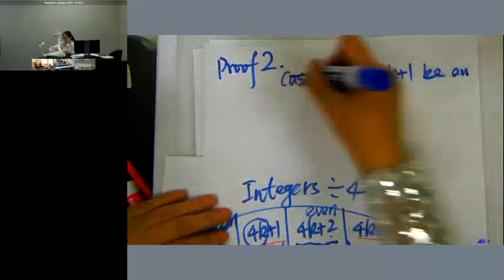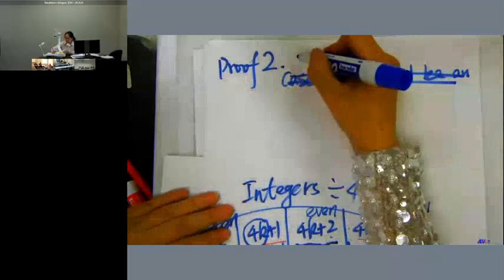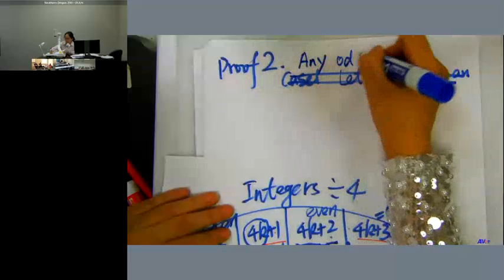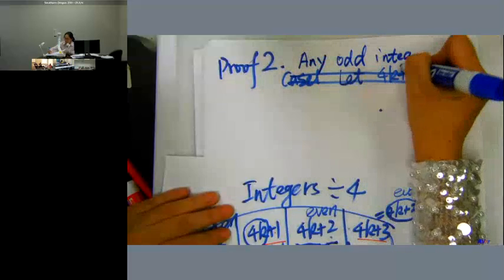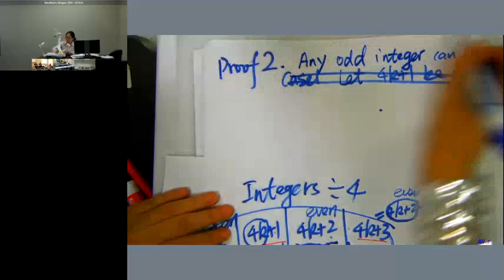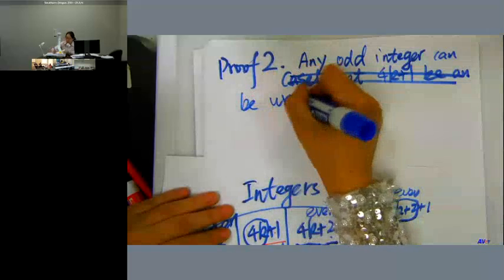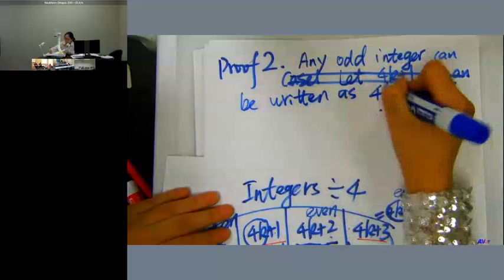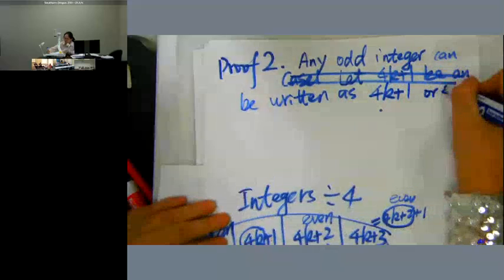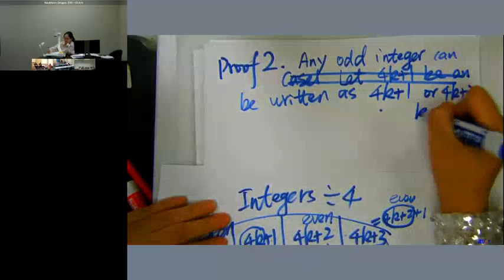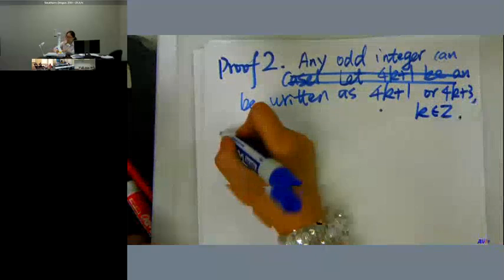Okay, that's not the best way to write it, sorry. I would say any odd integer can be written as 4k plus 1 or 4k plus 3. So now you can do case 1.